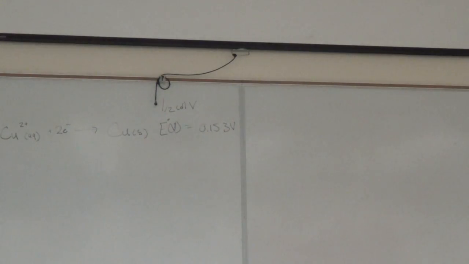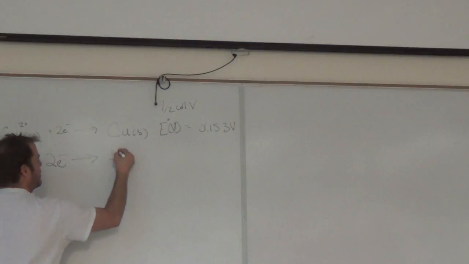There's tabulated half cell potentials for all kinds of ions and their oxidized and reduced forms. These are all measured by defining the half cell potential of a hydrogen electrode as being 0. And so we take as a standard the reduction potential of hydrogen, 2H+ plus 2e- goes to H2 gas.